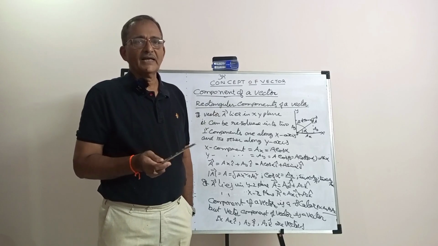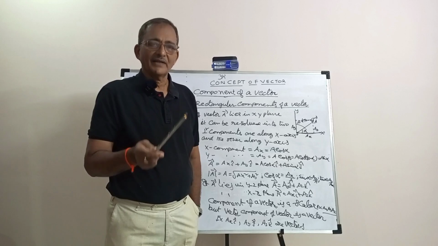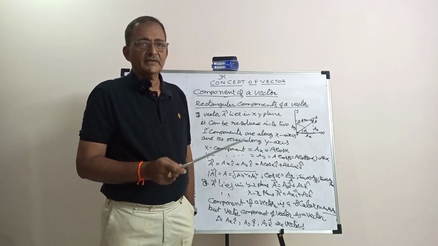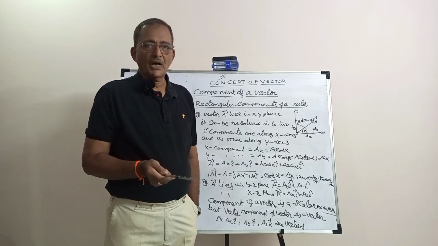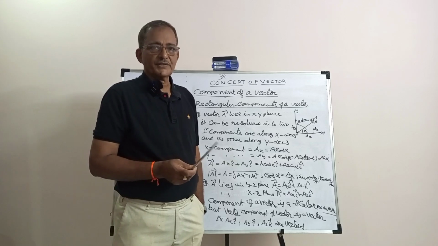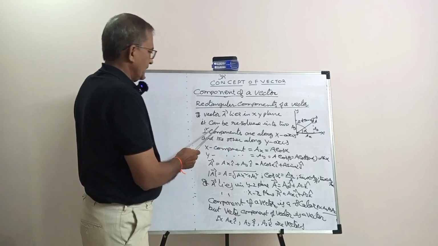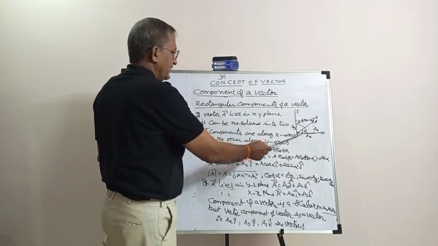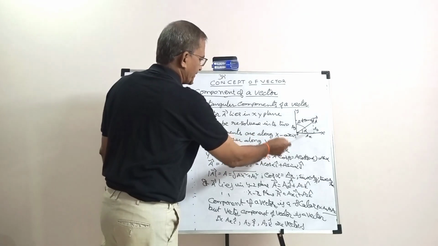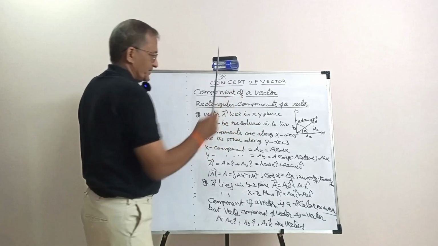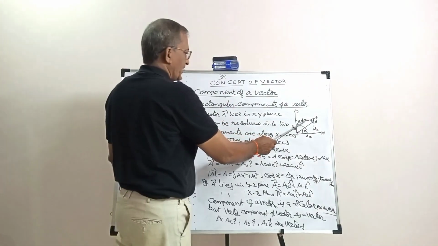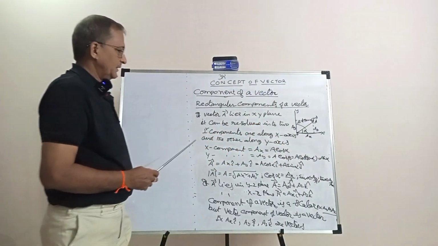That means the angle between two adjacent sides is 90 degrees. That's why these components are also called rectangular components. Here, A bar lies in the xy plane and makes an angle alpha with the x-axis and beta with the y-axis, where beta is nothing but 90 minus alpha.